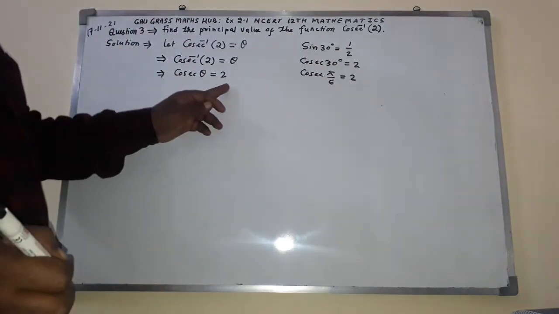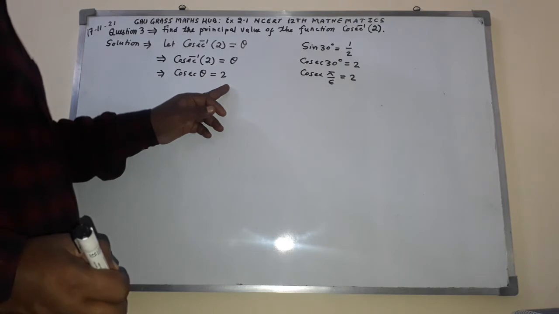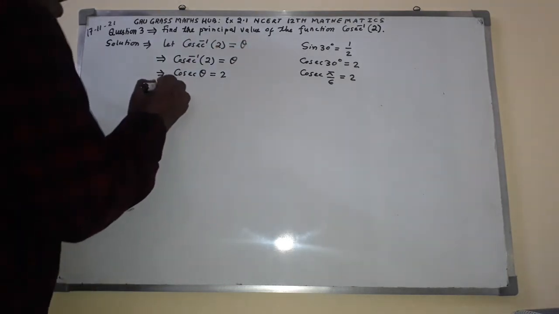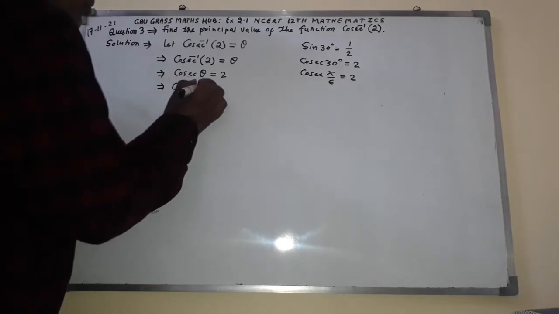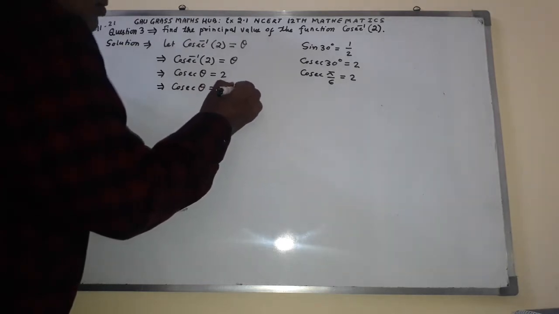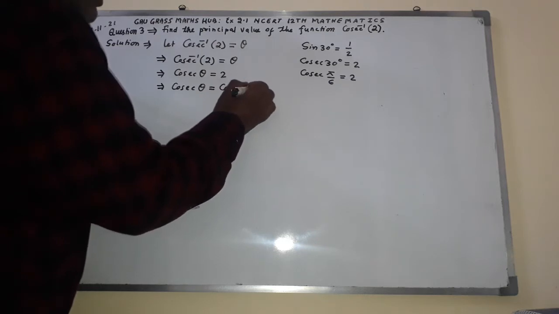So in place of 2 we shall write cosec pi by 6. Here I shall write cosec theta equal to cosec pi by 6.